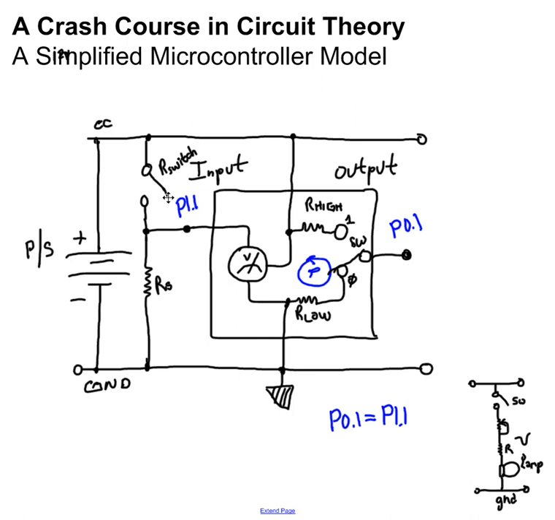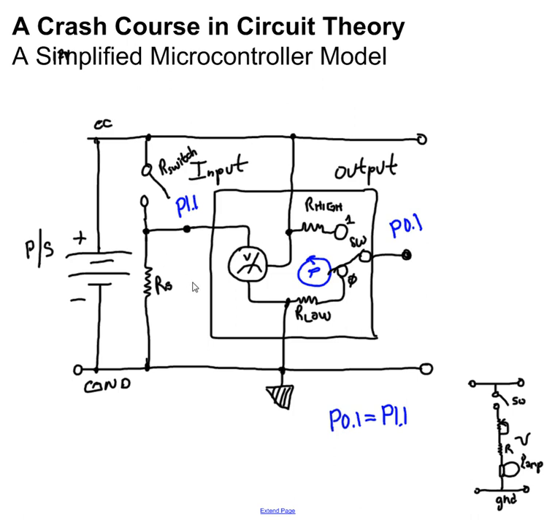If the switch is open again, then that 0 is passed on to P0.1, and this opens the switch, or the switch is now connected to ground. And of course, we know that if a circuit is connected to ground, there is no energy. And without energy, you will not have an output.